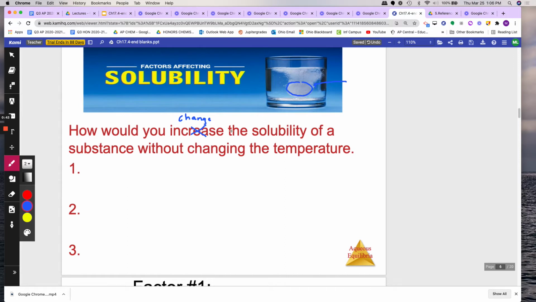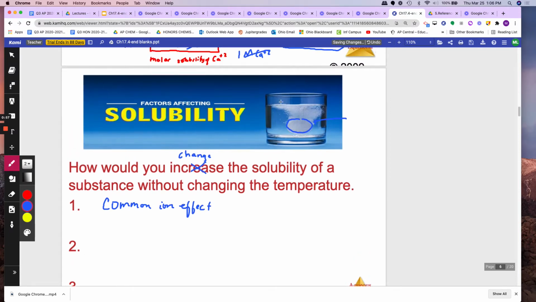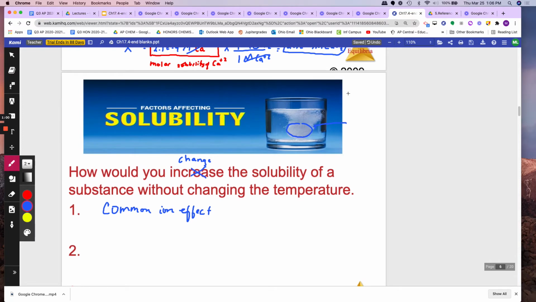Well, there are a few things you can do. One of them is called the common ion effect. In this case, the Alka-Seltzer tablet has some bicarbonate, or it's a base, HCO3- in it.